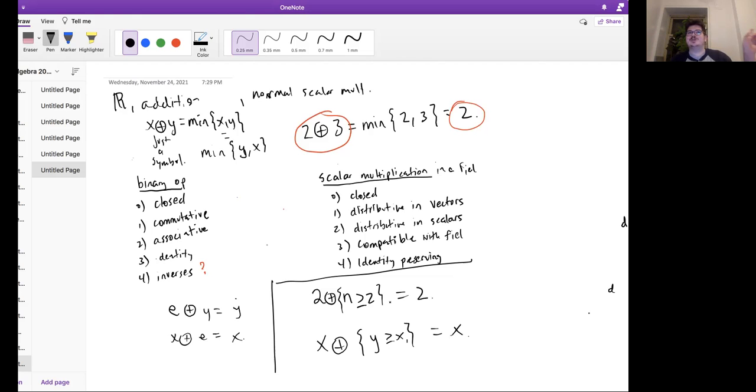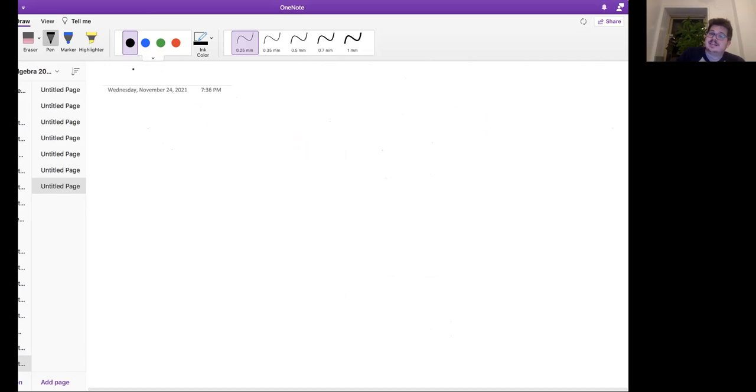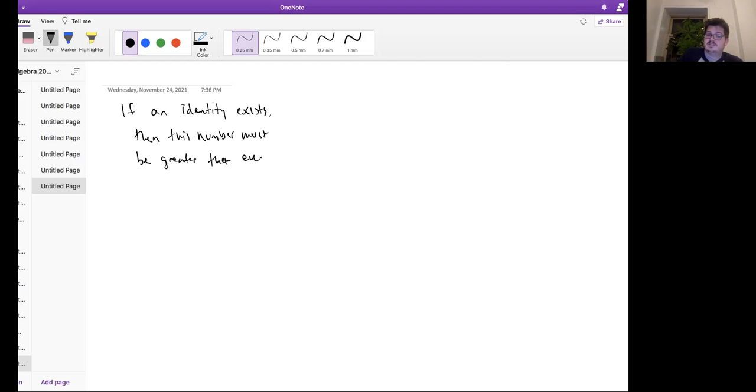If this were max, then the identity would be some infinitely smaller number. So if an identity exists, then this number must be greater than every real number.